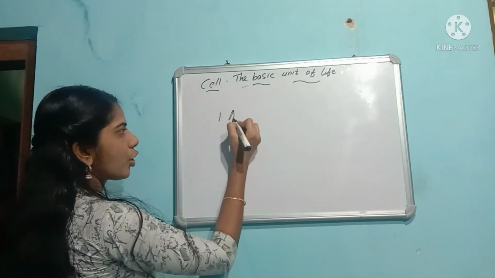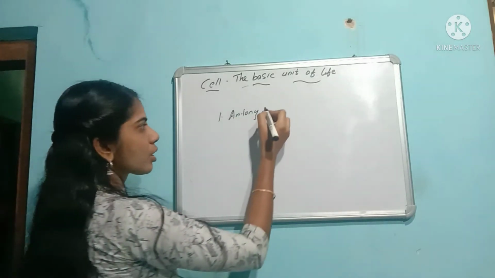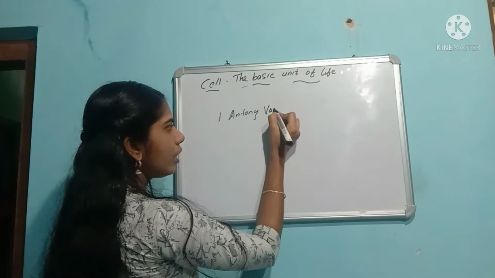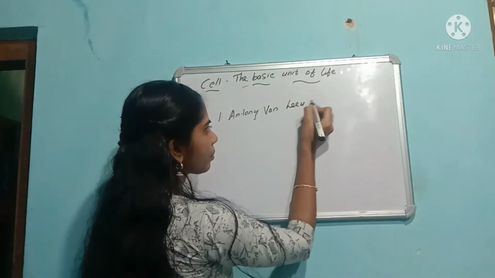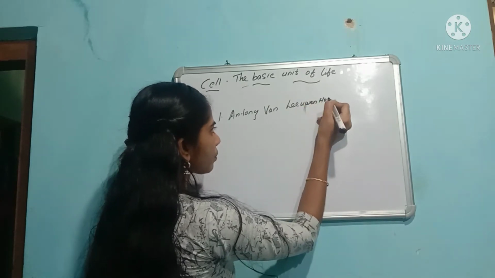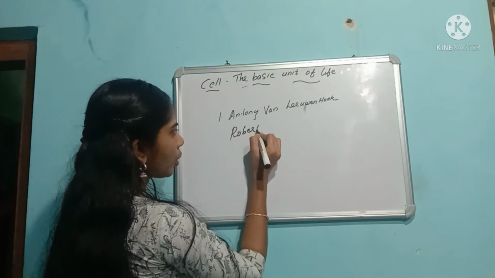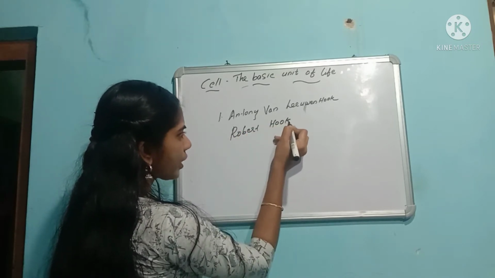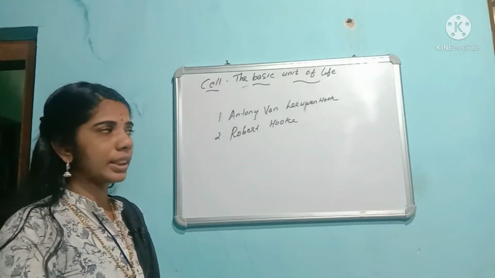The first one is Antony von Leeuwenhoek, and the other is Robert Hooke. They are the important scientists who contributed to cytology.